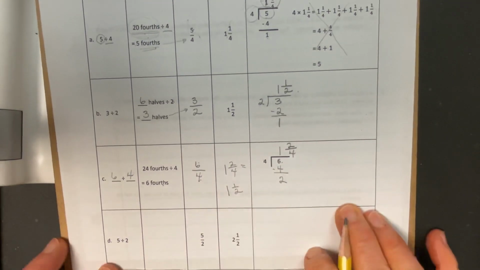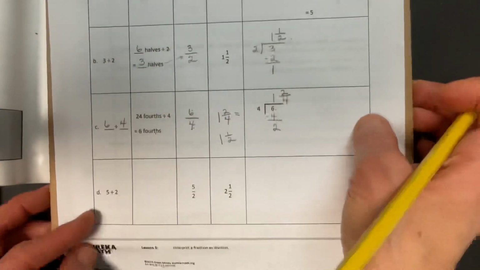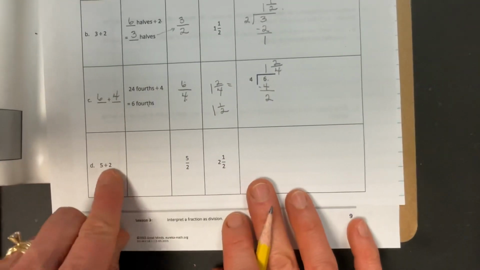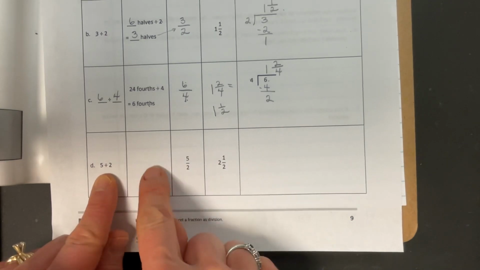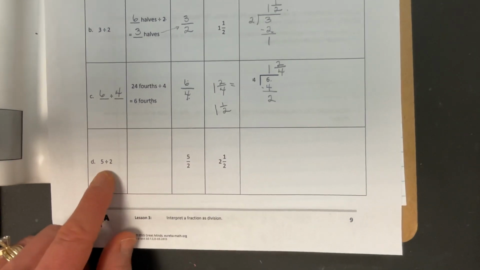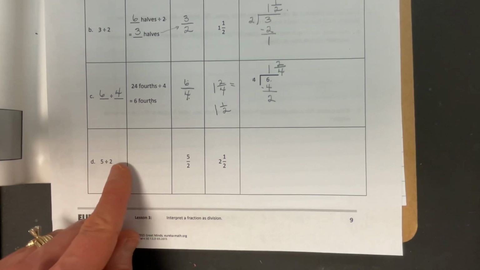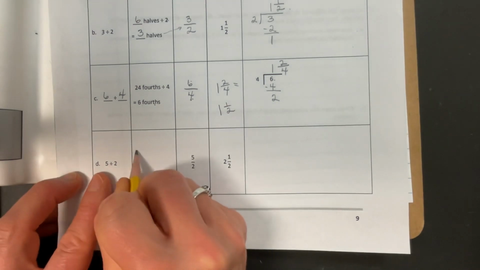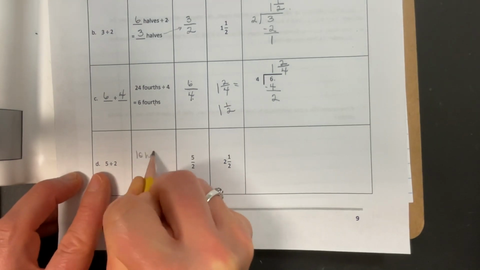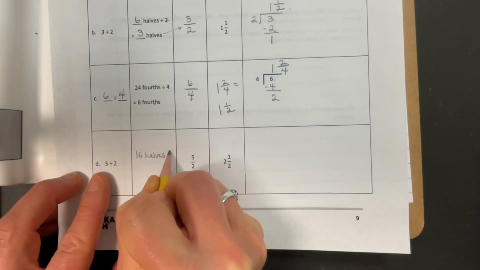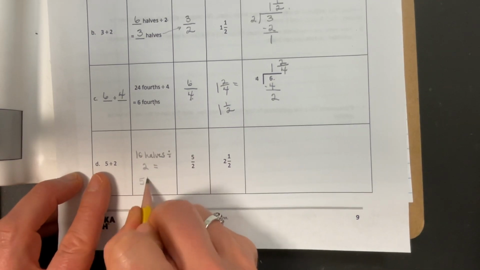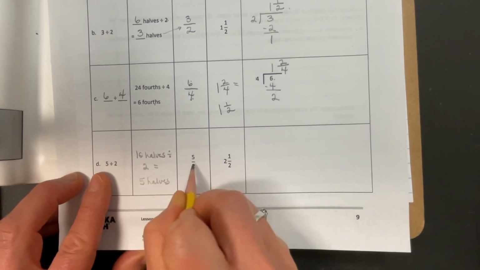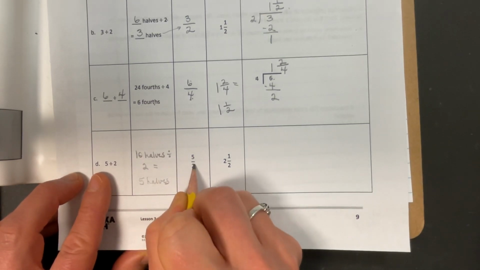Okay, let's look at this last one. Notice they give us the 5 divided by 2, and they give us the 5 halves. So we have to do the unit form on this one. 5 whole crackers. If you divide them each in half, that means you have 10 little halves. So I'll say 10 halves divided by 2 would be 5 halves, which matches my improper fraction.